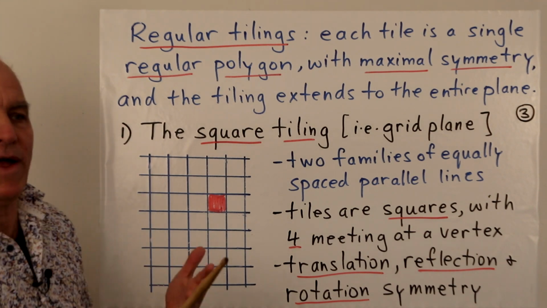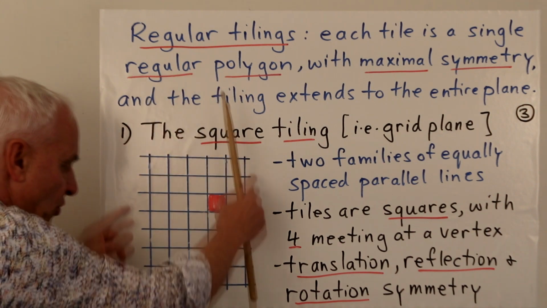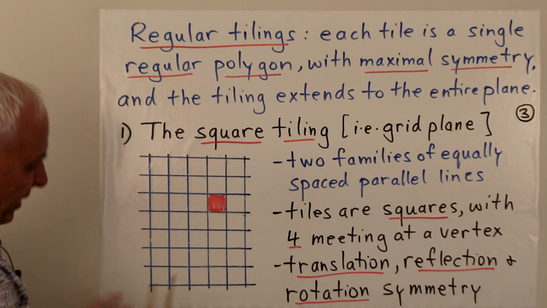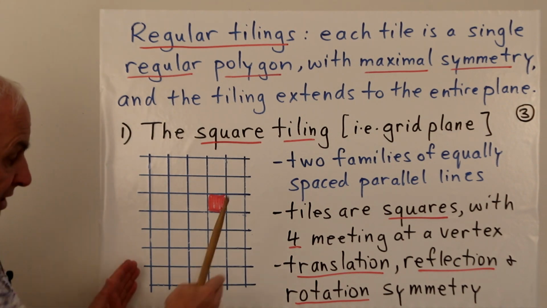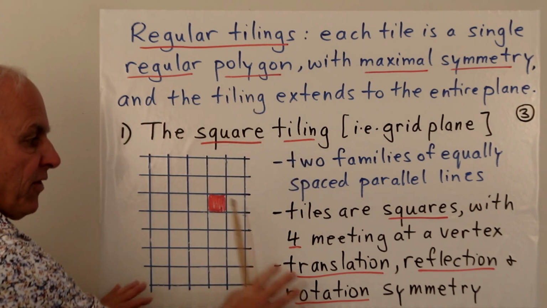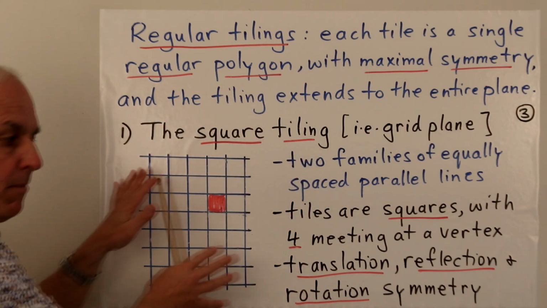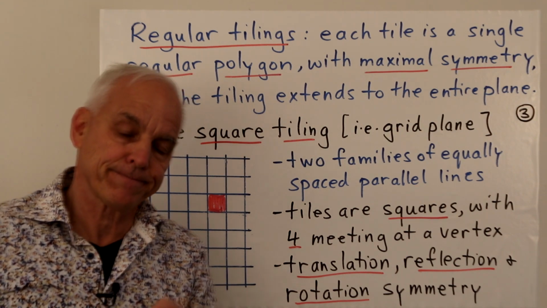You couldn't tell that it's actually been moved. Now that's not exactly true if you just choose a finite portion of it, like this. Like if we just chose this thing here and moved it, you'd be able to tell that I moved it because it'd be in a different position. But if you think about this as being part of this pattern that carries on, then moving it is not going to really affect it.